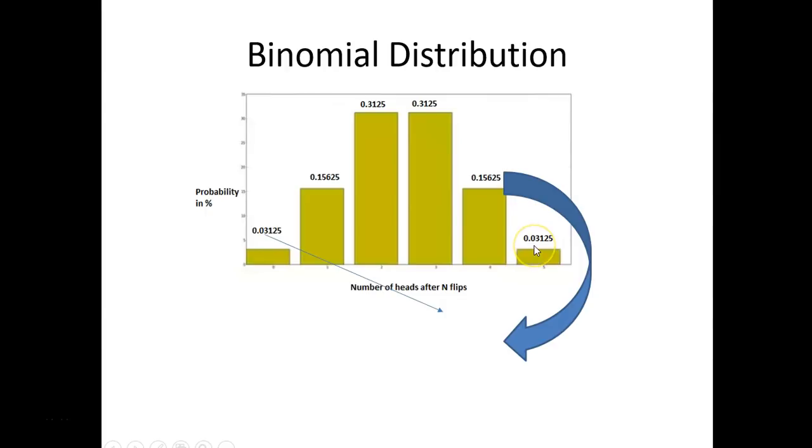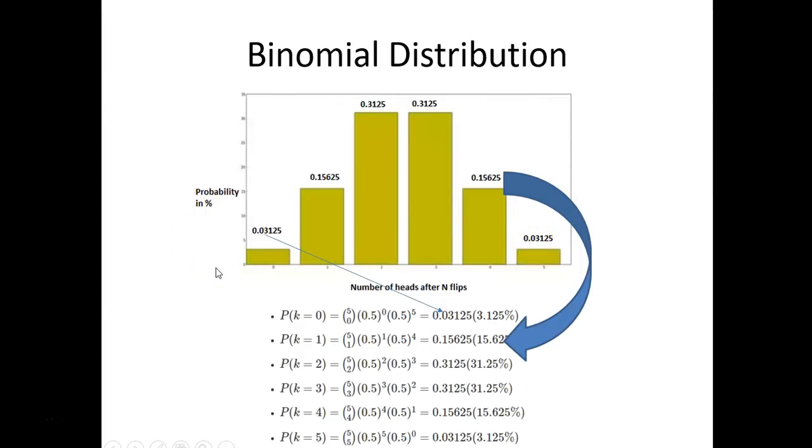And this is the probability of getting 5 heads. Now if I equate all these, we'll get the values that we discussed. I've simply plotted all the values that I'm getting from these probability equations, and this is what we get as a binomial distribution.